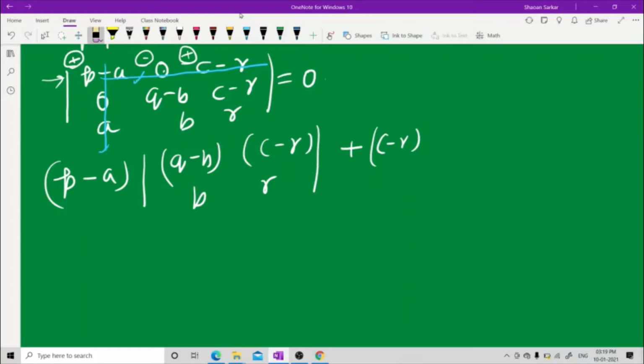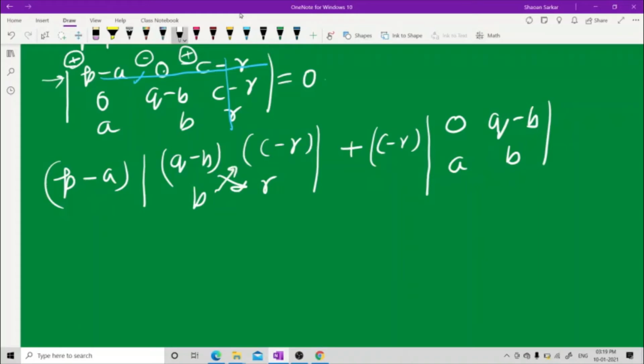Then you hide this column. Now you have 0, Q minus B, A and B. Just cross multiply and expand.